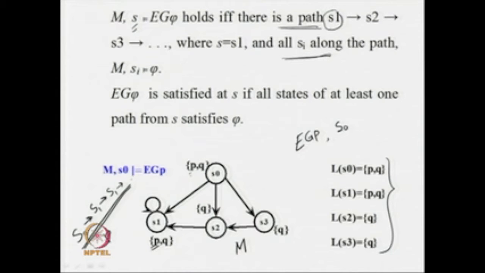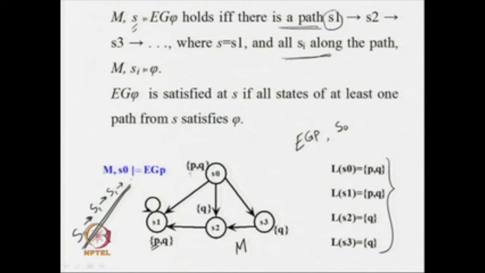That means, we can say that in state S0 the formula EG P is true. So, in model M, state S0, EG P holds, that is, M, S0 models EG P. We get at least one path where P is true globally, and that is why EG P is true in state S0.